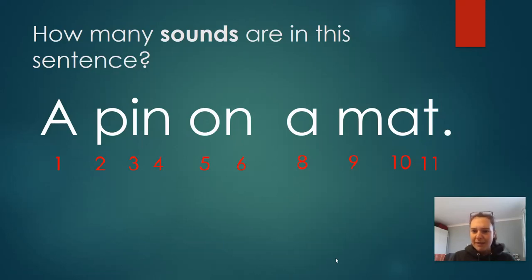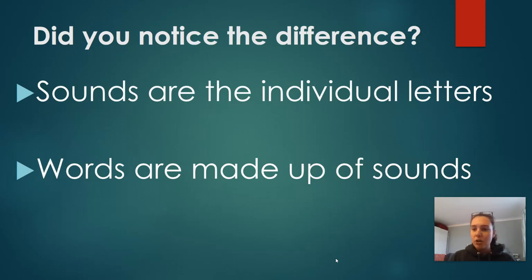Oh, I've missed out a number. I've missed out number 7. Oh, goodness me, how silly. So there are actually only 10 sounds in this sentence, but you can see that they are the individual sounds. Okay, so did you notice the difference? The sounds are the individual letters and the words are made up of the sounds.